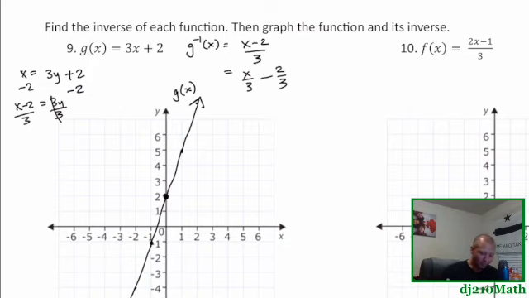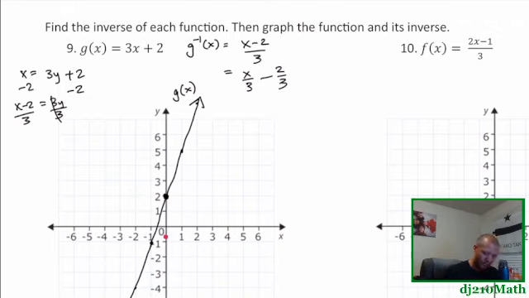So now we'll do this in red, right? Because my g inverse of x is going to cross the y-axis, the y-intercept, at negative 2/3. So negative 2/3.